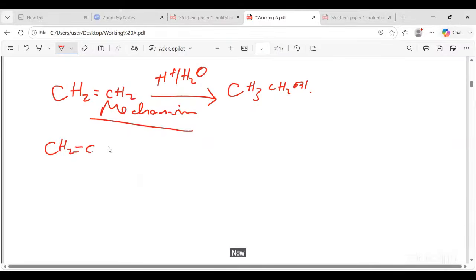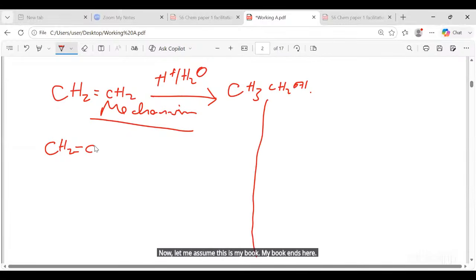Now let me assume this is my book. My book ends here. Of course, the first step, we shall have the hydrogen come. When it comes there, we shall be having CH3, CH2.